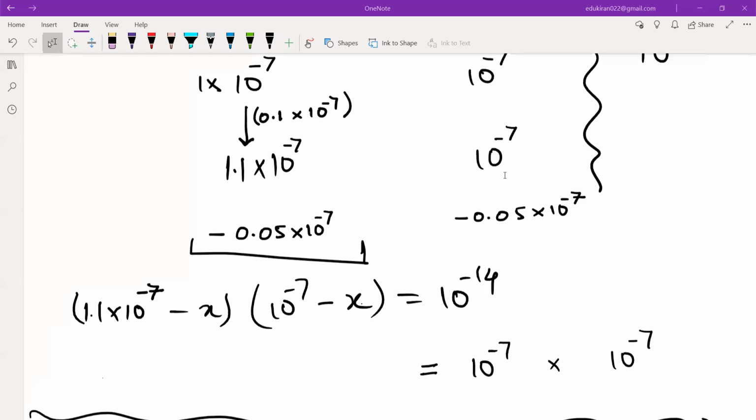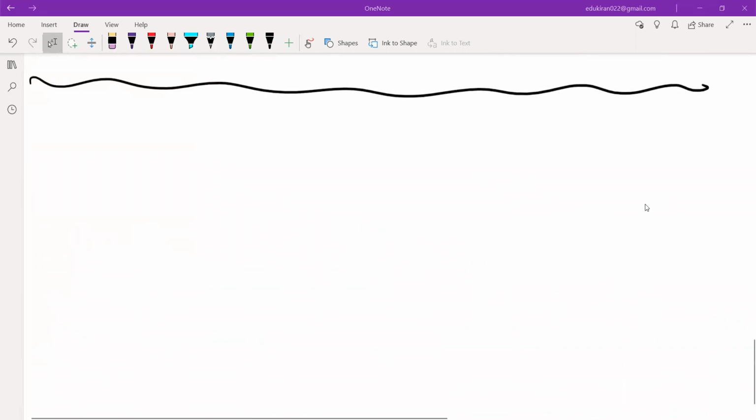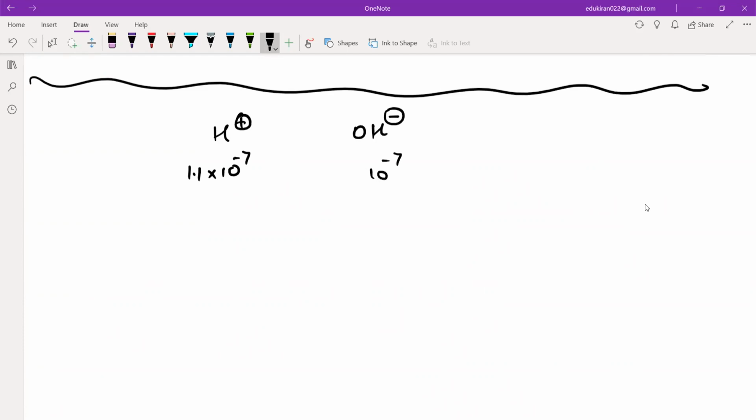It will be 0.05 into 10 to the power minus 7, because there will be some mistakes in the approximation. So what you will be getting is the concentration of H plus and the concentration of OH negative. The concentration of H plus was 1.1 into 10 to the power minus 7, and OH negative was 10 to the power minus 7.